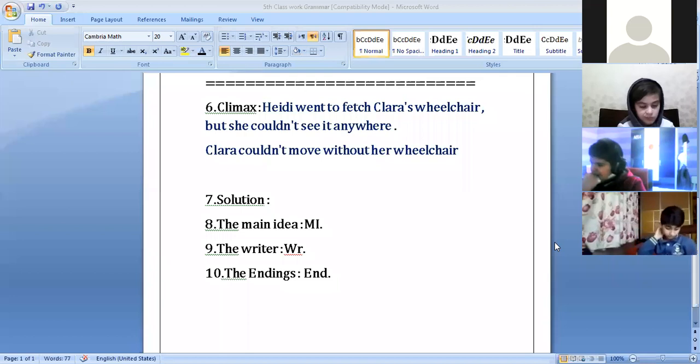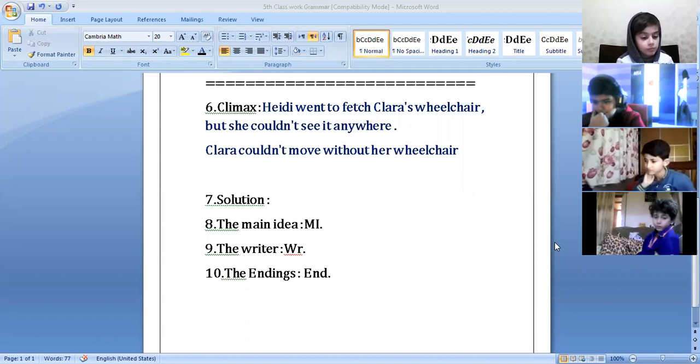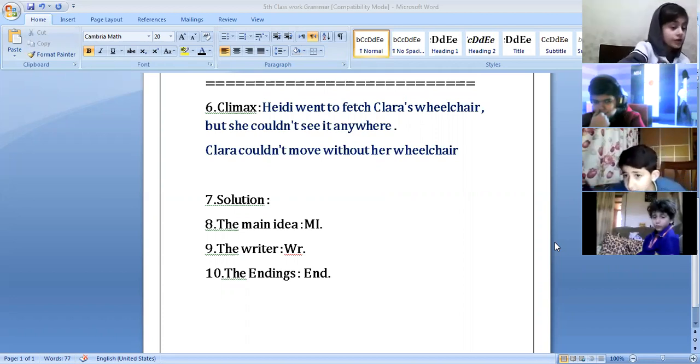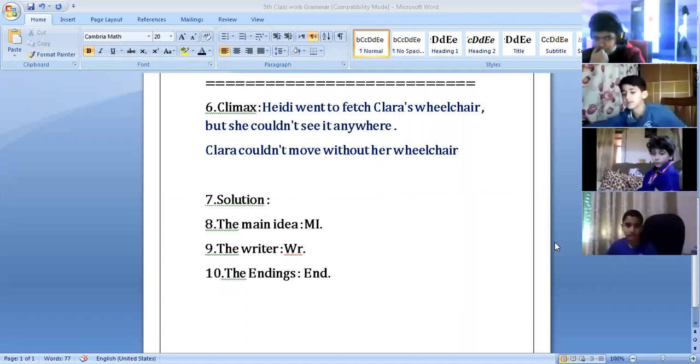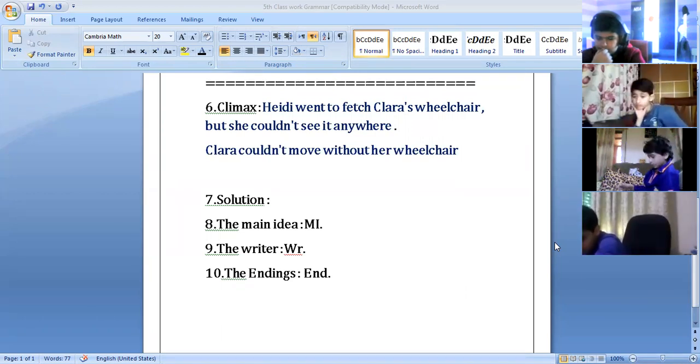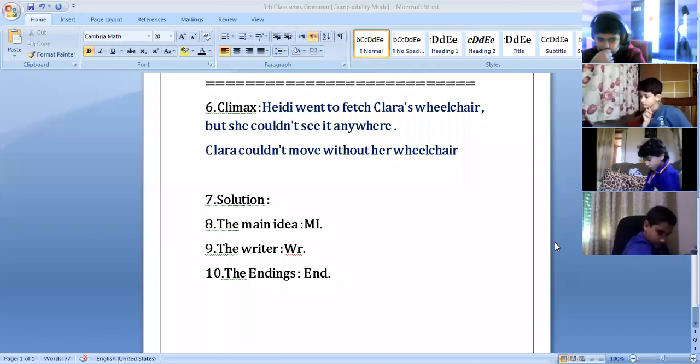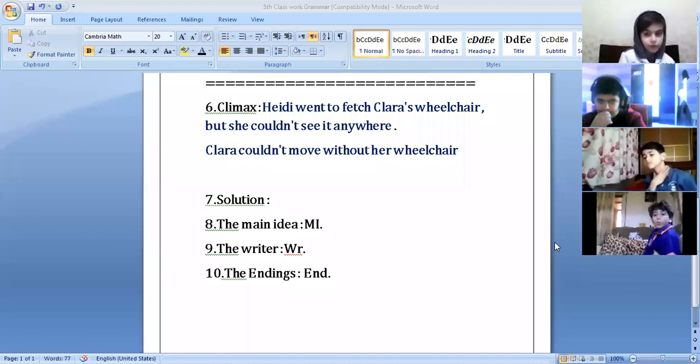The solution is inferential. You have a girl named Clara who can't move without a wheelchair. Okay, yesterday there was a miracle. When Peter and Heidi lifted Clara and held her and she was too heavy for them to carry, what happened there?